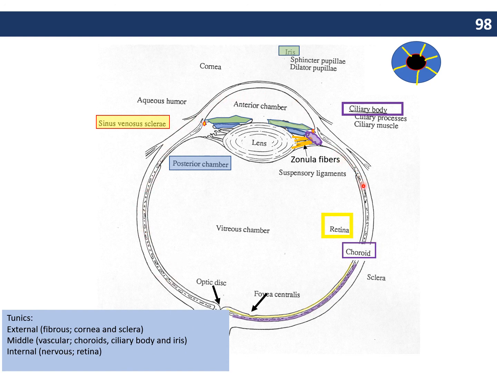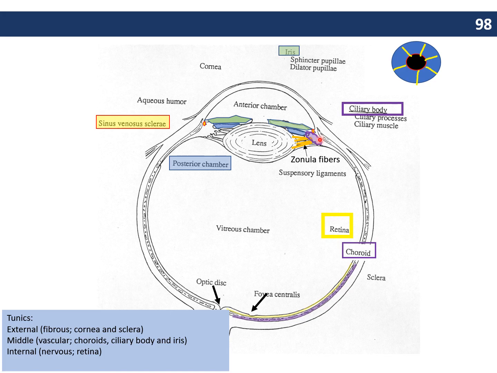The middle tunic includes the choroid layer, and the choroid layer, shown here in purple, contains arteries and veins that supply the eye, as well as the ciliary body, shown here in purple, and the ciliary processes that are also present.